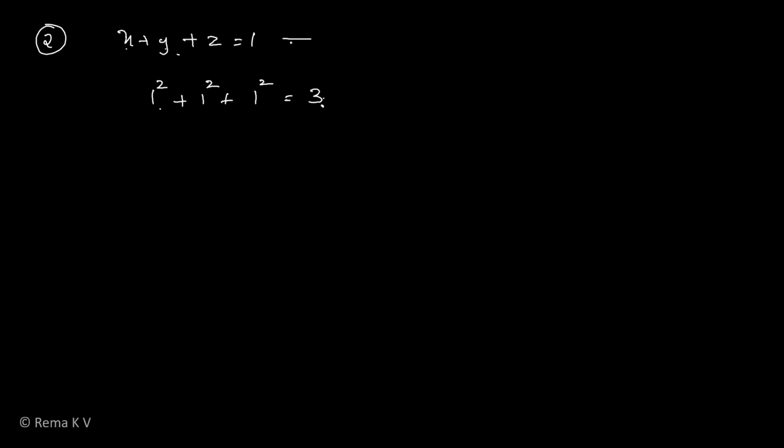Now when you write this in vector form, you can write this as xi plus yj plus zk dot 1i plus 1j plus 1k is equal to 1.